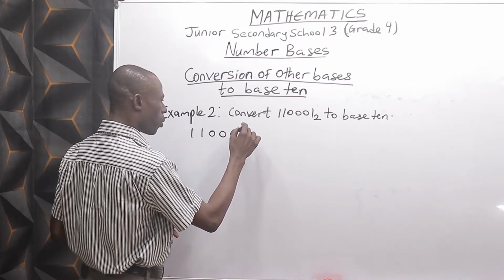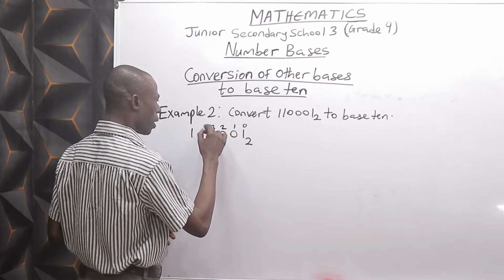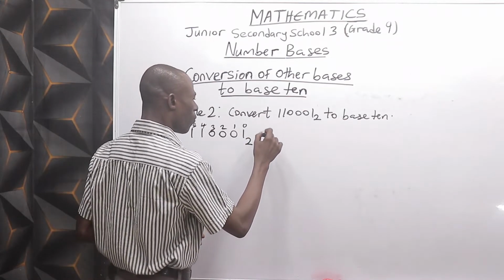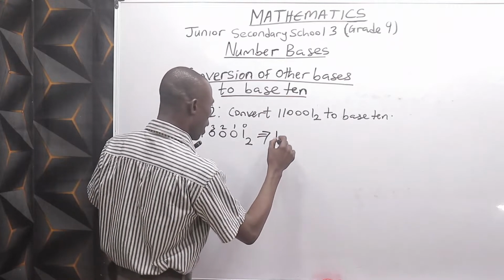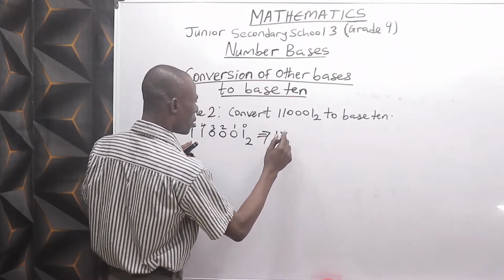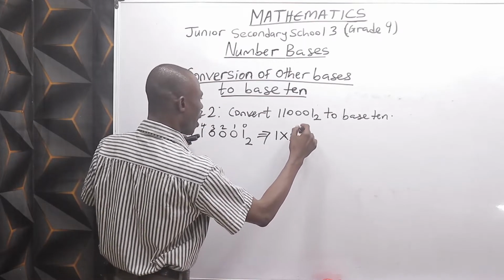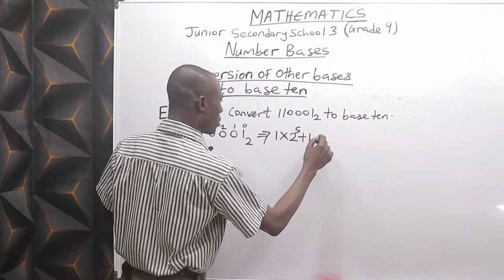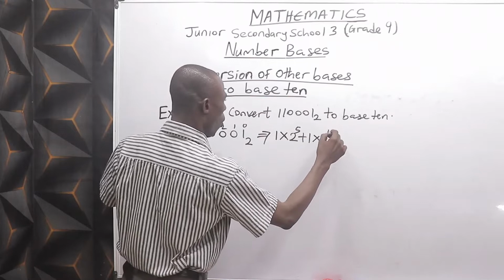You assign powers from the back: 0, 1, 2, 3, 4, 5. Now, converting this to base 10, pick the first digit, 1 times the base. The base also here is 2. 2 raised to the power 5 assigned to it, plus 1 times 2 raised to the power 4 assigned to it.